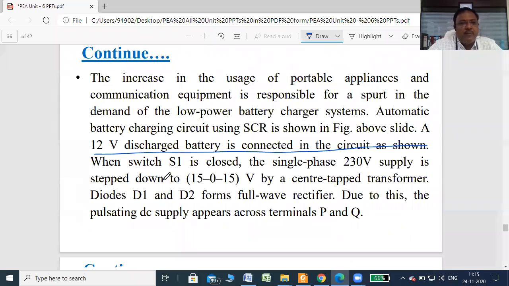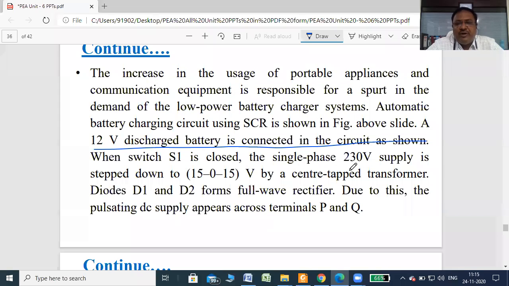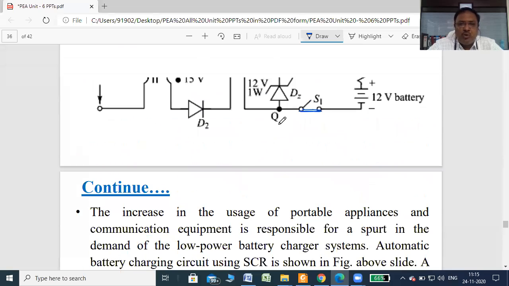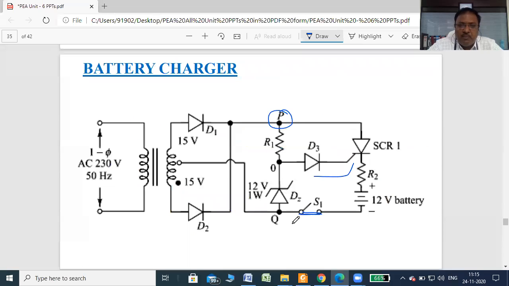Otherwise, the circuit is incomplete. The single phase 230 volt supply is stepped down by the center tap transformer. Diodes D1, D2 form a full wave rectifier, so that between the points P and Q you will get a DC voltage of 15 volt.